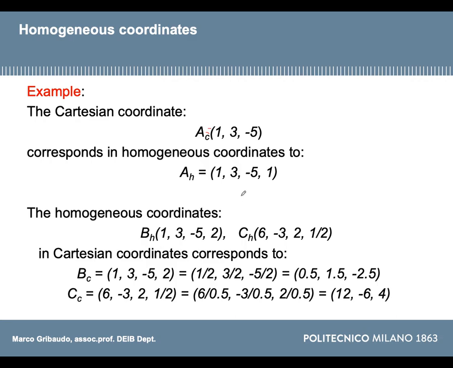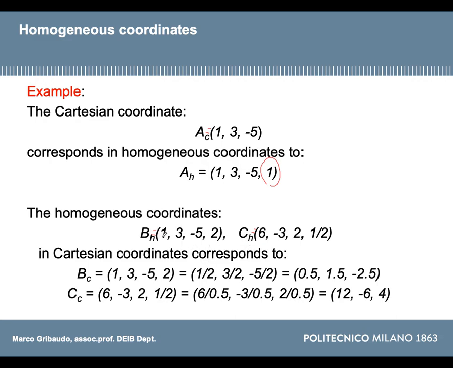How can I find the equivalent homogeneous coordinate? I simply add 1. Or if I have these values B and C in homogeneous coordinates, how do I find the corresponding Cartesian coordinate?